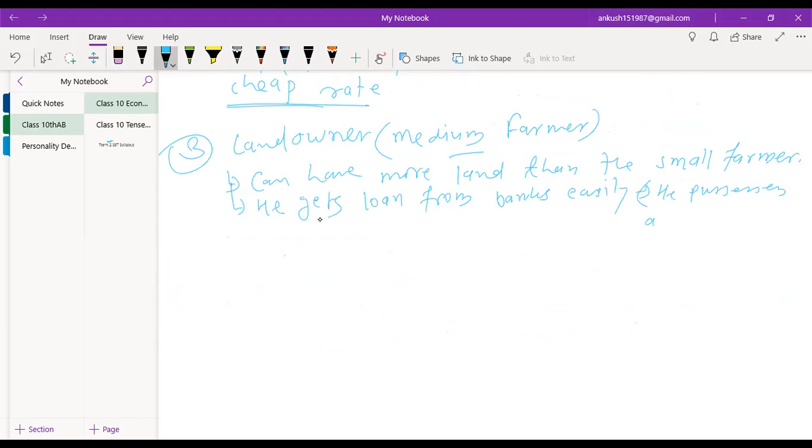And also, sir, he will be able to pay the loan back. Okay, this may be the reason why this landowner, the medium farmer, is getting the loan from the bank, and the bank is considered the formal sector of credit.